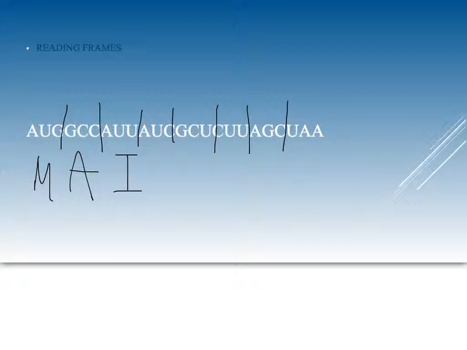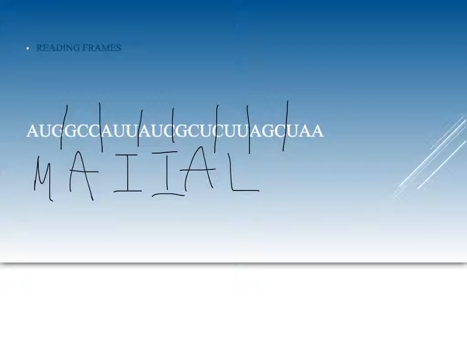We have AUC for isoleucine again. And then we have GCU, which is for alanine. And then we have CUU, which is for leucine.